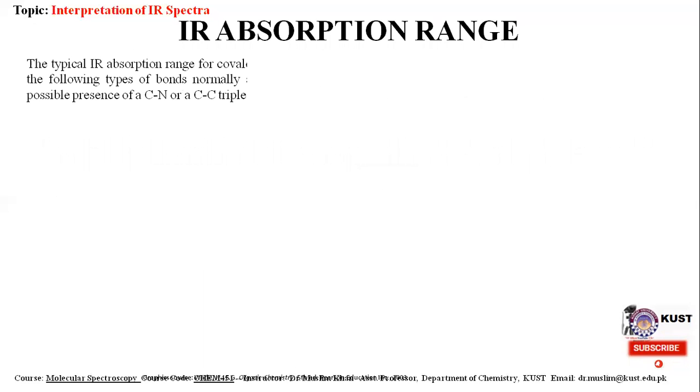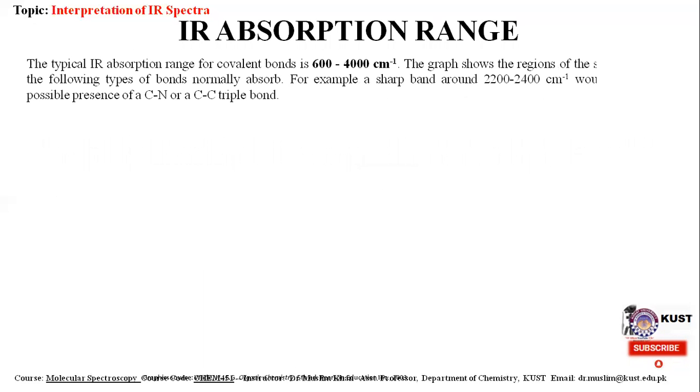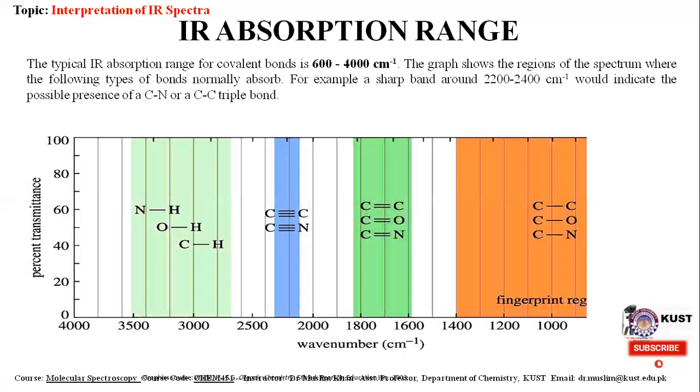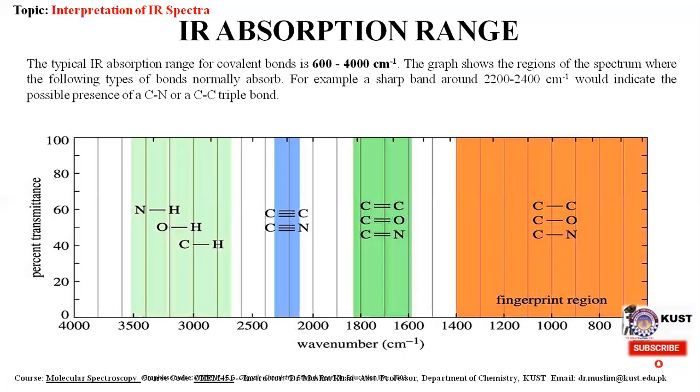So this is the IR absorption range, meaning where most of these compounds absorb IR radiation. The typical IR absorption range for covalent bonds is from 600 to 4000 centimeter inverse wave number. This graph shows the region of the spectrum where the following types of bonds normally absorb.